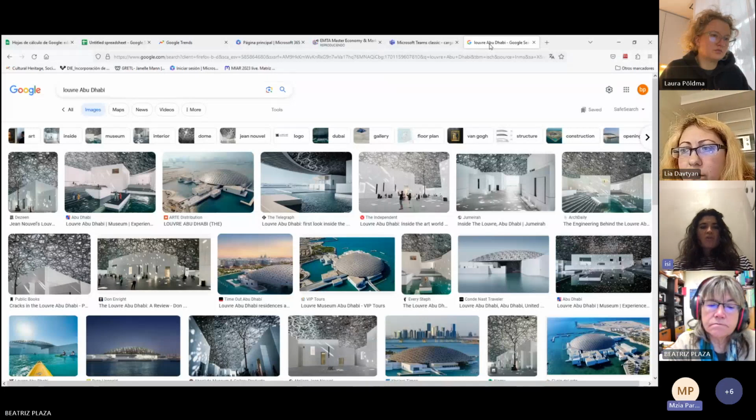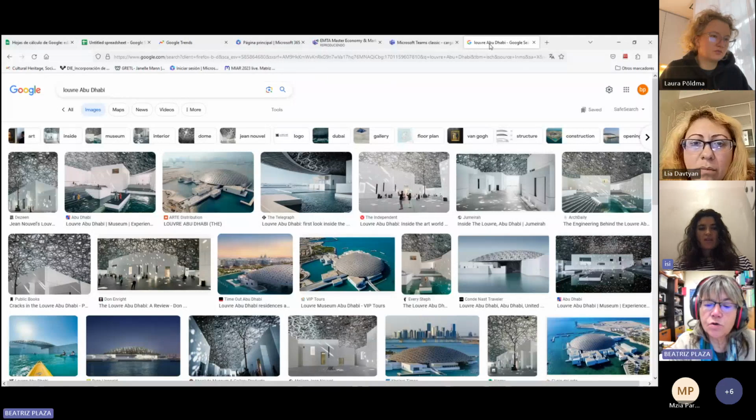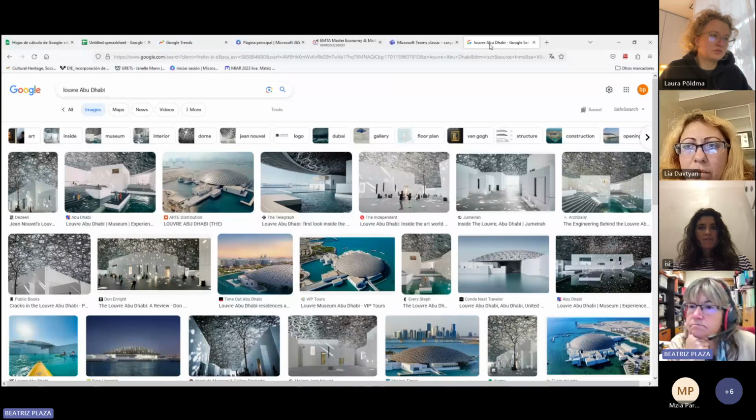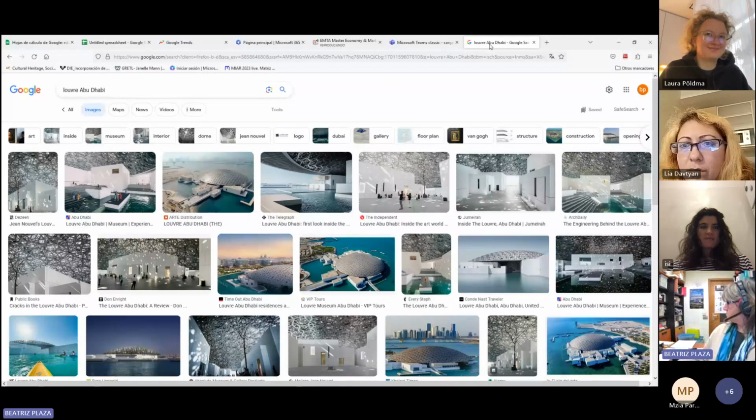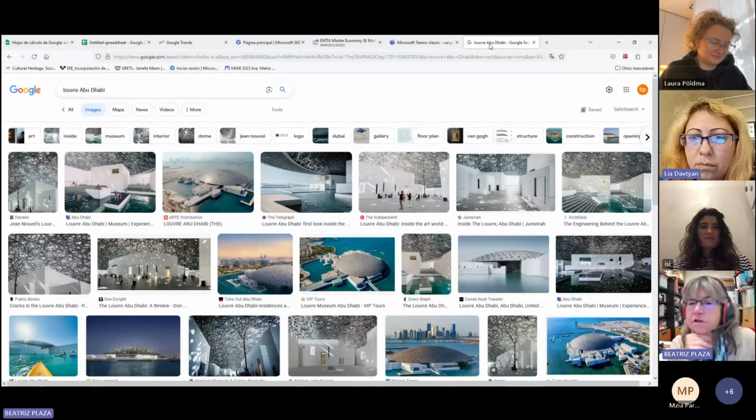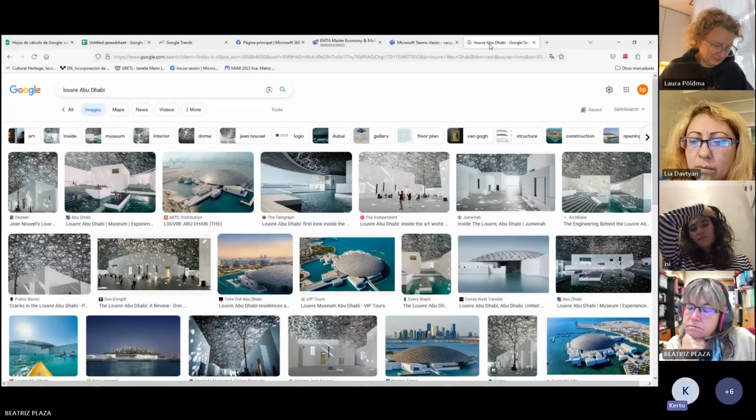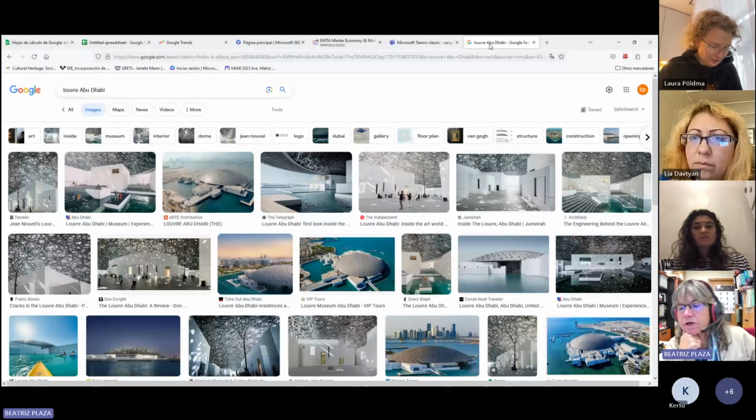The example of the monumental architecture works really well for this case because the building is very striking. Who is the architect? Can you Google it, please? Is it Jean Nouvel? Yes, it is Jean Nouvel.